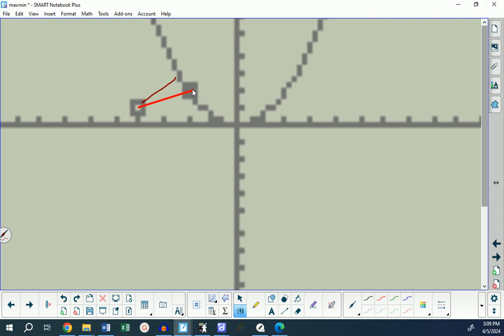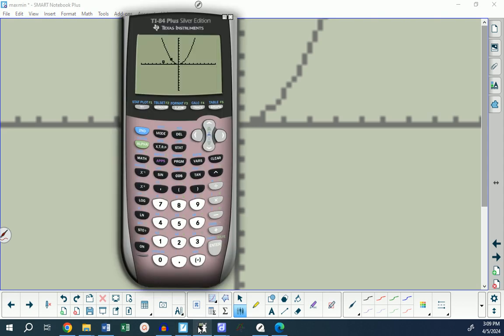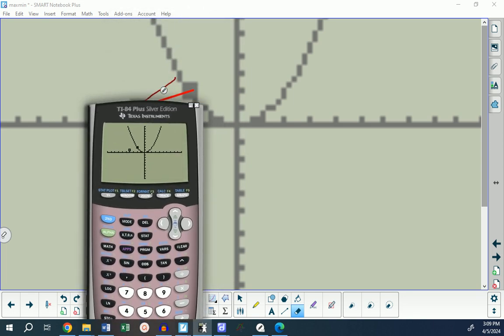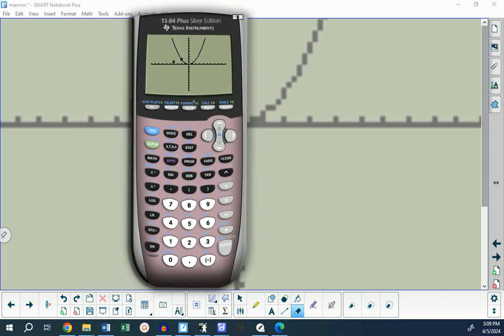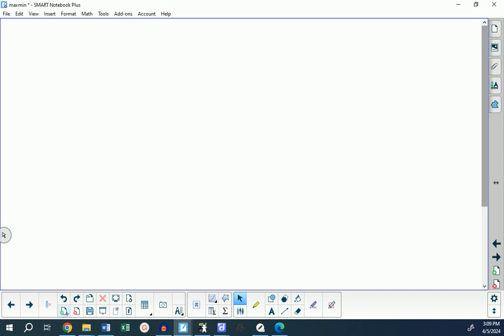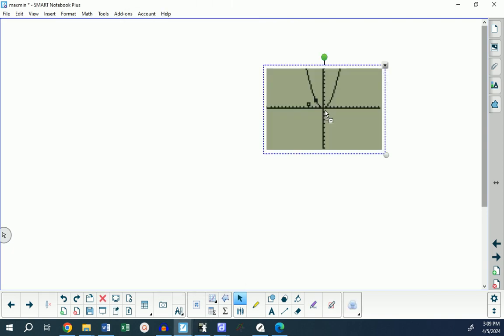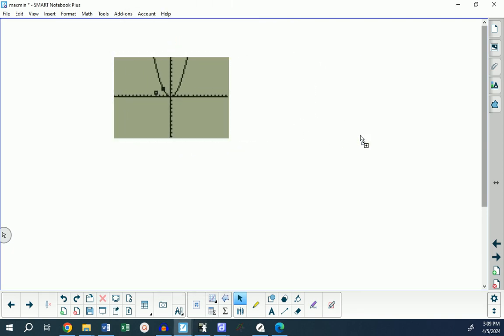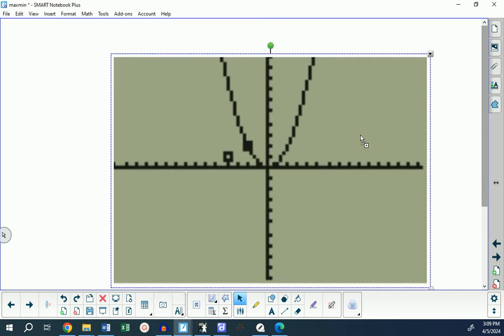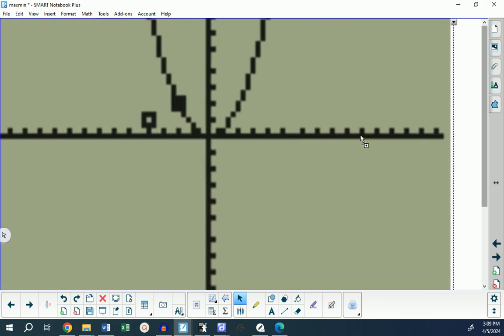It's skewed. So that's why I went zoom square. And it looks reasonable now. Is that okay?